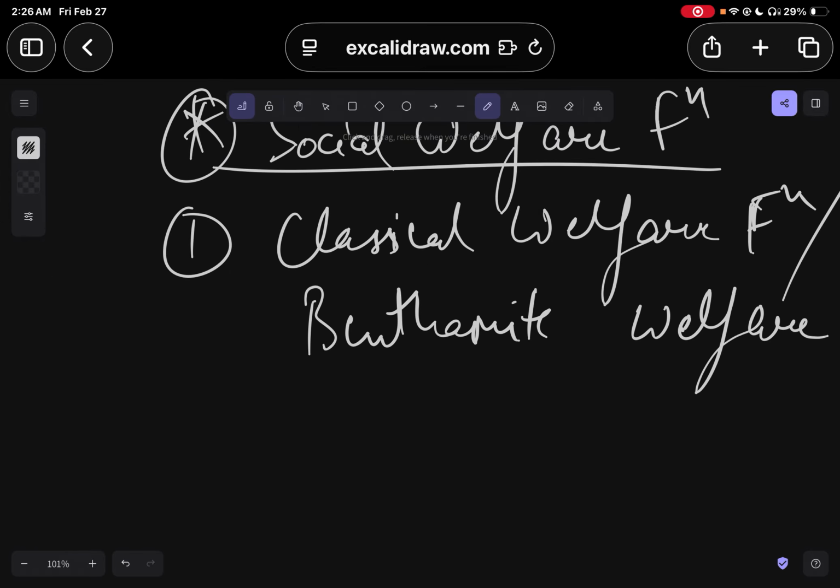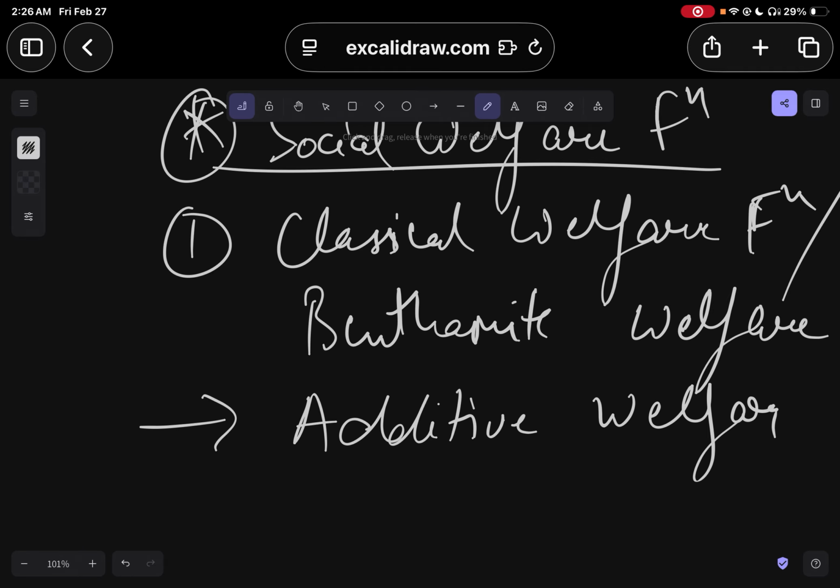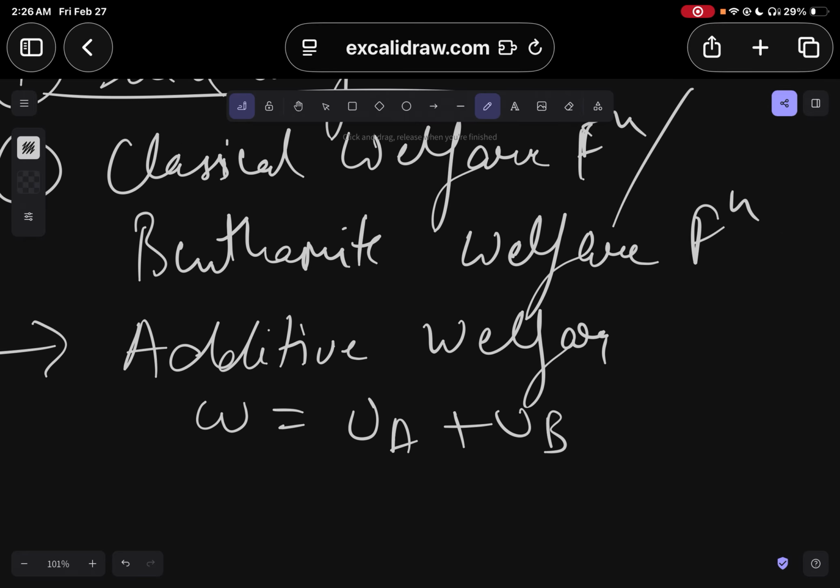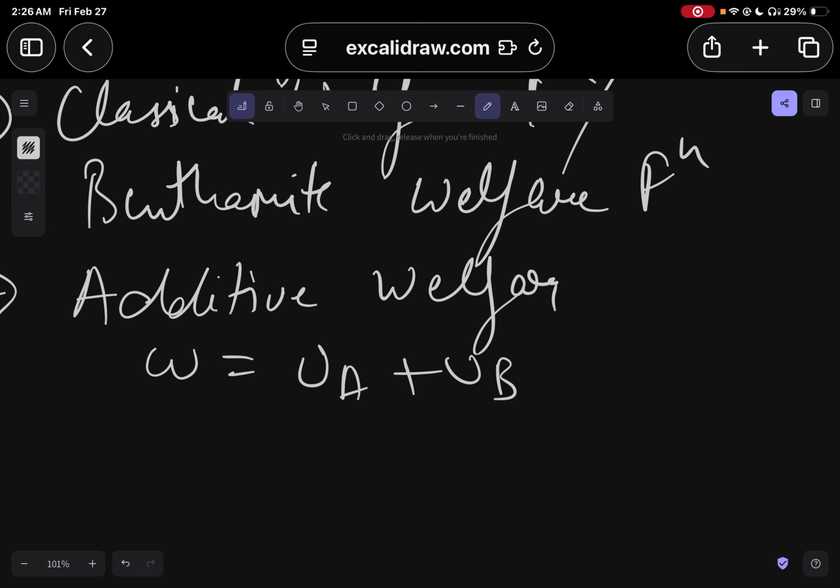It is additive welfare, a simple one. W equals UA plus UB. Any increase in UA or UB will make society better off irrespective of distribution.